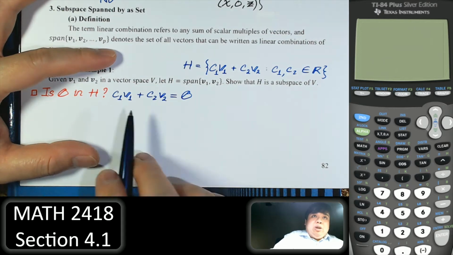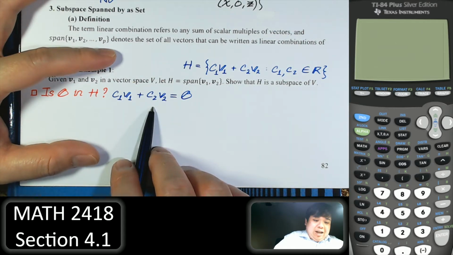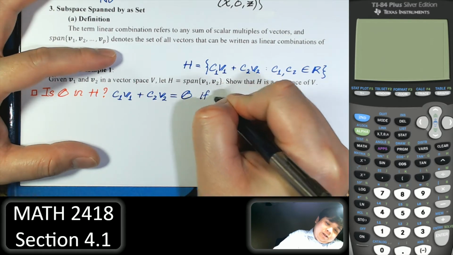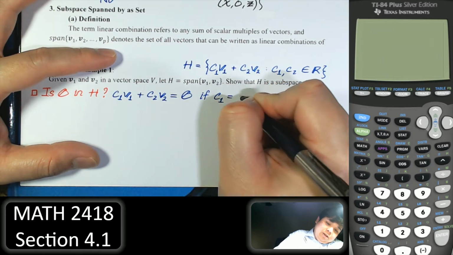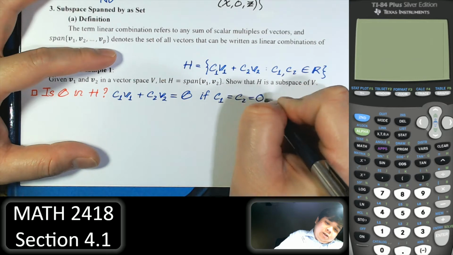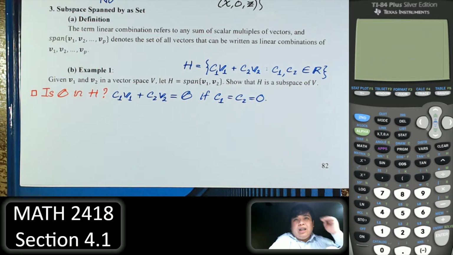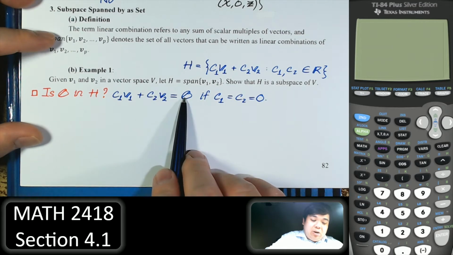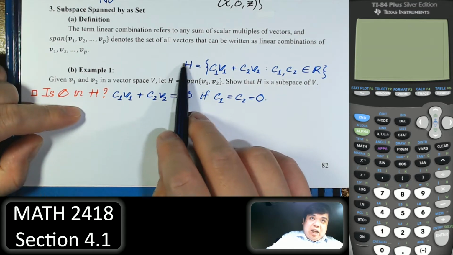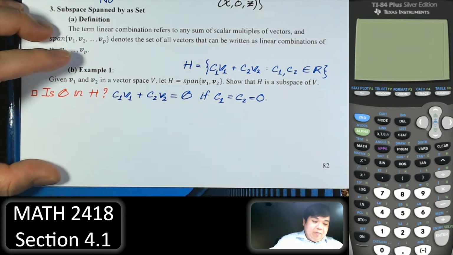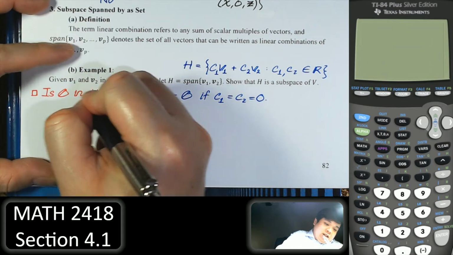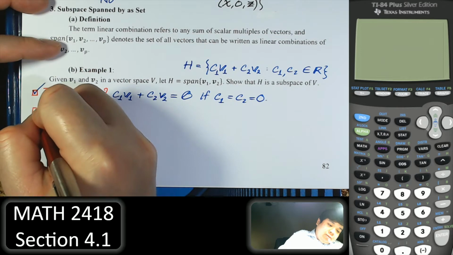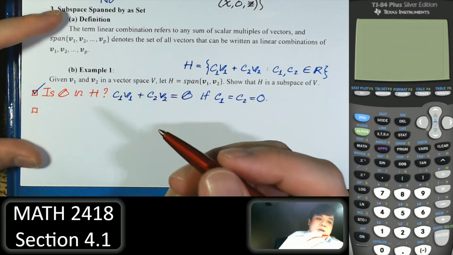If we choose C1 and C2 to be 0, then we have the vector 0, and the vector 0 belongs to this set H. So we have the 0 vector inside the set H, so that's good. The next is closed under addition.